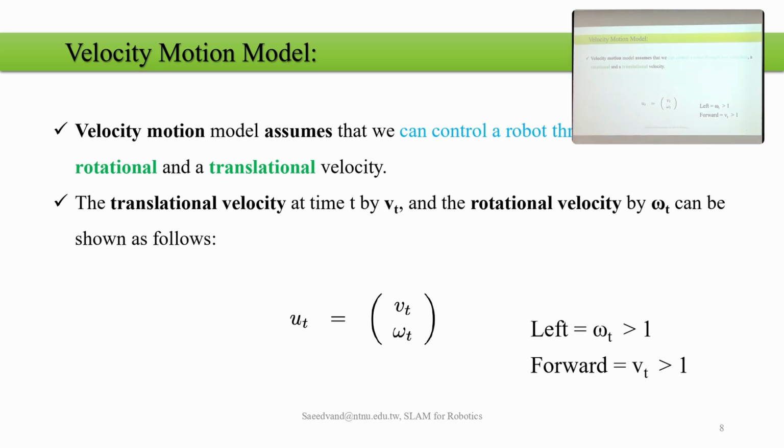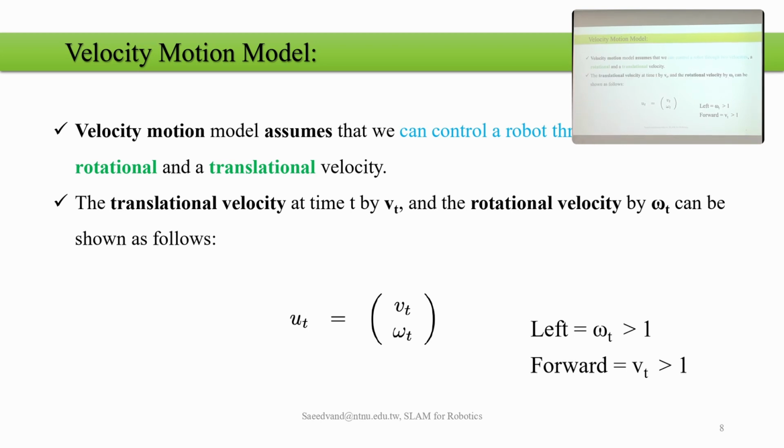We say it assumes that we can control the robot through two velocities, a rotational and a translational velocity. You remember we studied rotation and translation. Translation means that a point in 3D or 2D we want to directly move wherever we want. Rotation means that we want to rotate it simply.